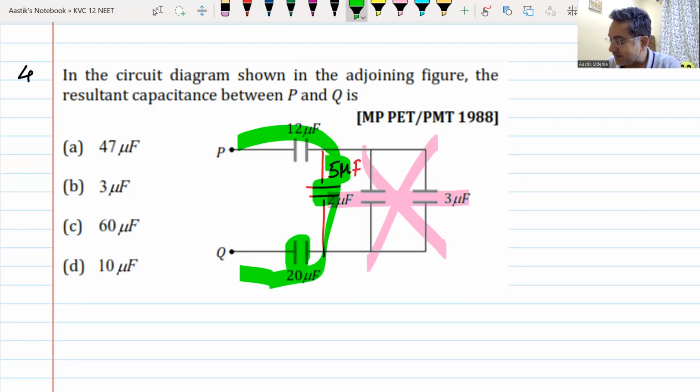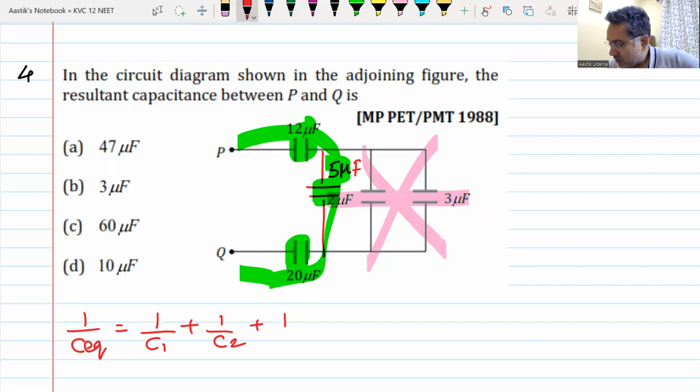All these three capacitors are now in series. So you can do it by this formula: 1 by C equivalent will be equal to 1 by C1 plus 1 by C2 plus 1 by C3.